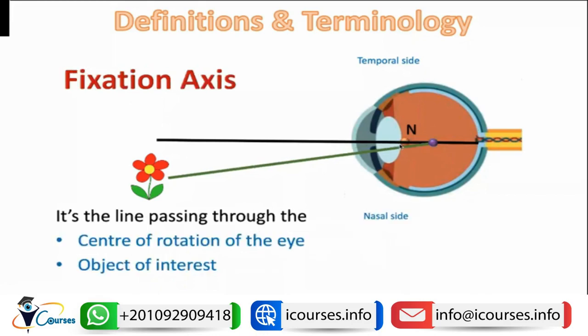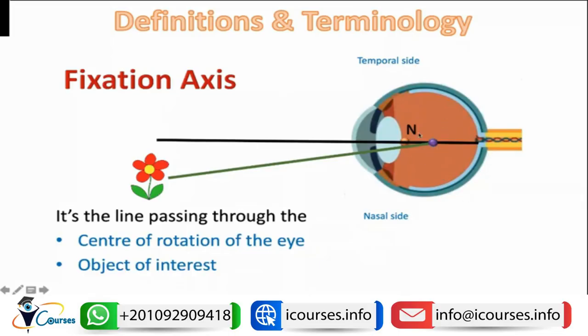We have another axis that is called the fixation axis. This fixation axis is the axis that connects the object of interest and the center of rotation of the globe. You remember when we were talking about the fixed principles when we were discussing the extraocular muscles, we said that there are different fixed principles, or X and Y and Z principles, that are present at the center of rotation of the eye, and these principles allow the globe to rotate medially and laterally, nasal and temporal, up and down, and intorsion and extorsion.